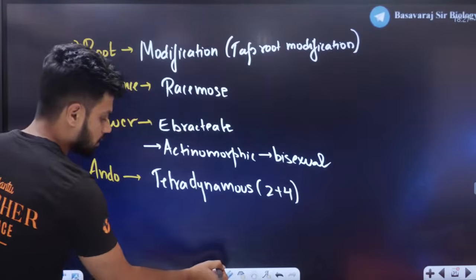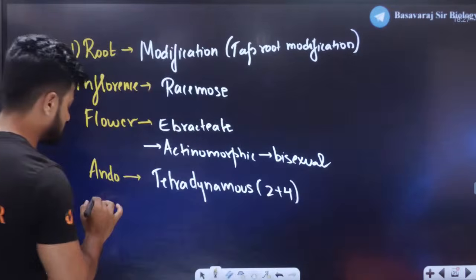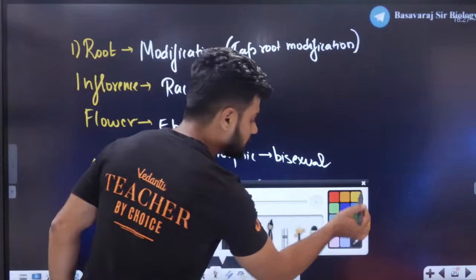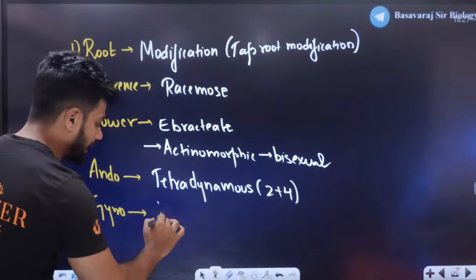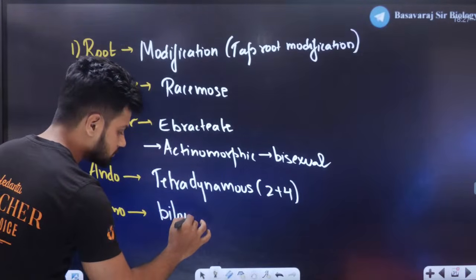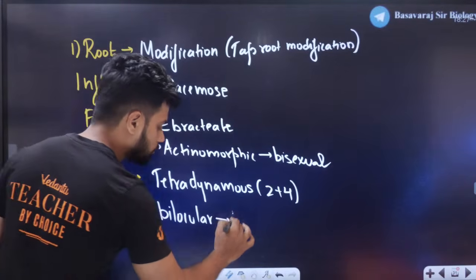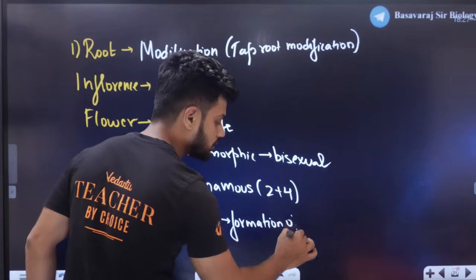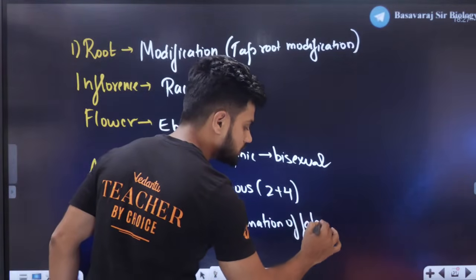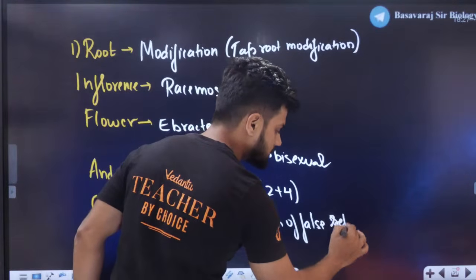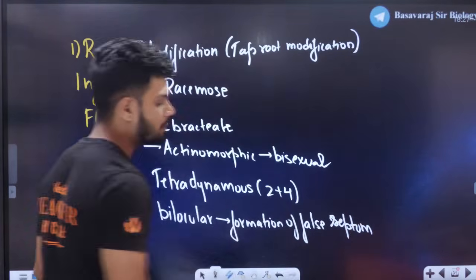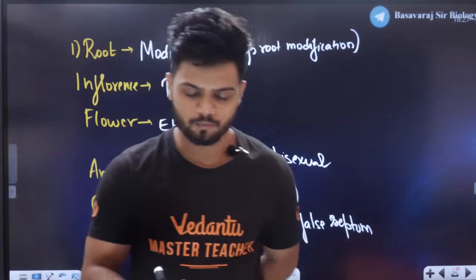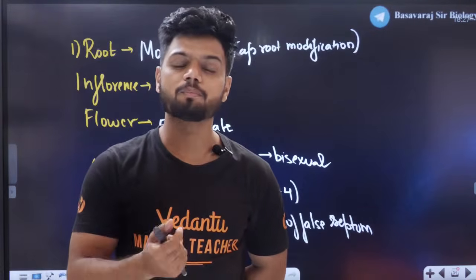In the case of gynoecium, did we observe anything special? Did we observe something called bilocular condition? That is formation of false septum called replum, if it is found in parietal placentation.